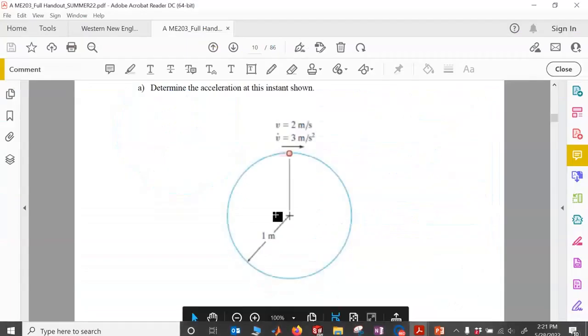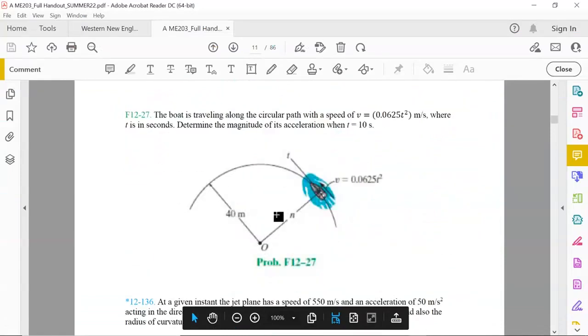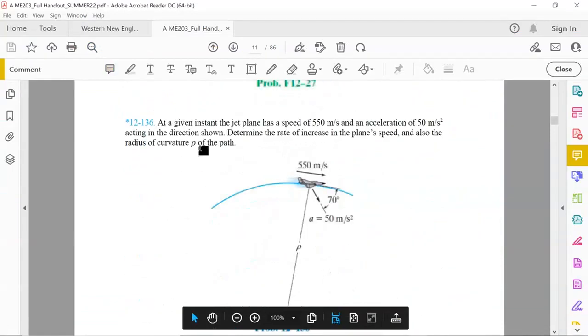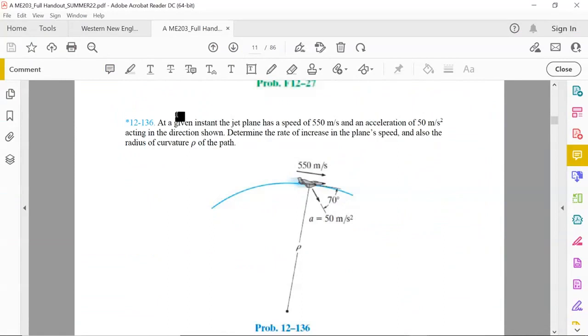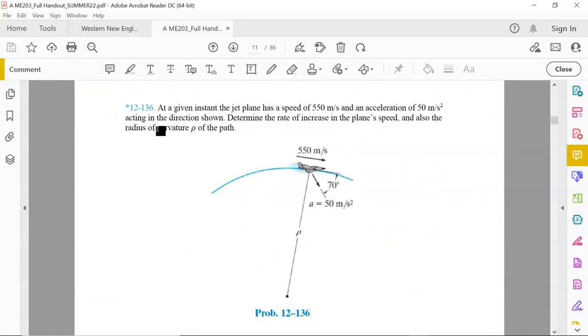Let's go back and work on the next problem. So for this problem, let's select problem 136 from in-class exercise 4.